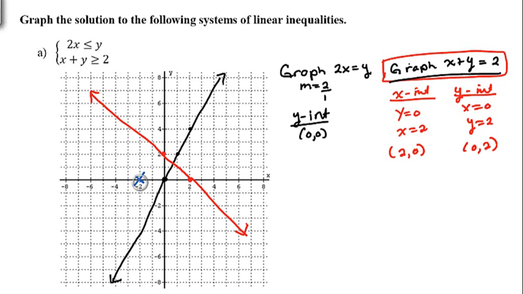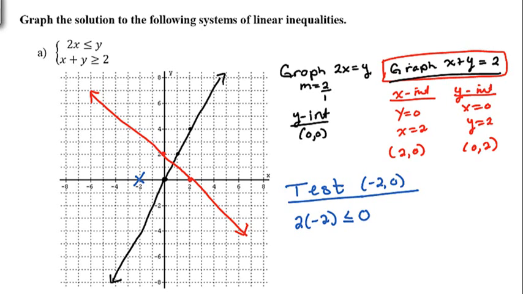We'll pick this point, (-2, 0). If we plug (-2, 0) into this first inequality, we have 2 times negative 2 is less than or equal to 0. So that would be negative 4 is less than or equal to 0, which is true.